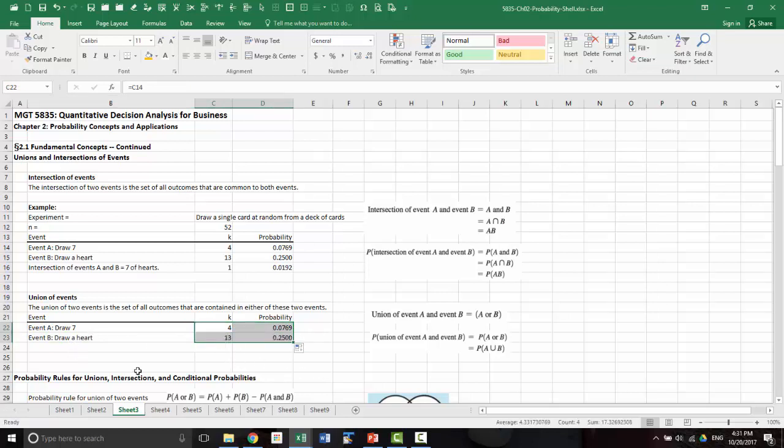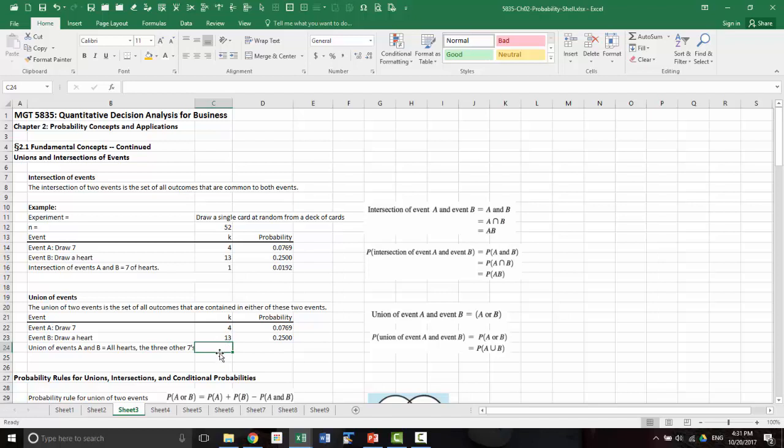Now we want the union of A and B. That would be all hearts, which includes the 7 of hearts, and then the 3 other 7s which are not hearts. That would be the union of A and B. How many outcomes are there like that? There are 13 heart cards, and of the 4 sevens, one is already counted in the 13.